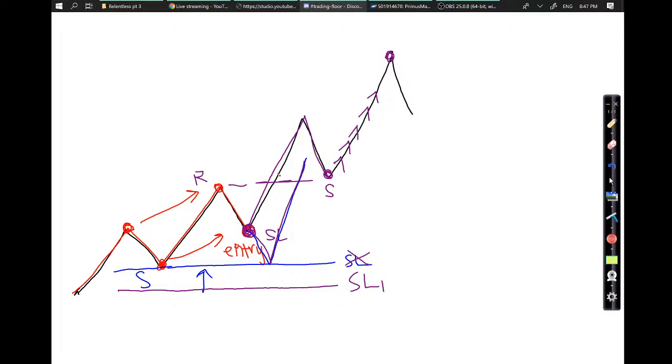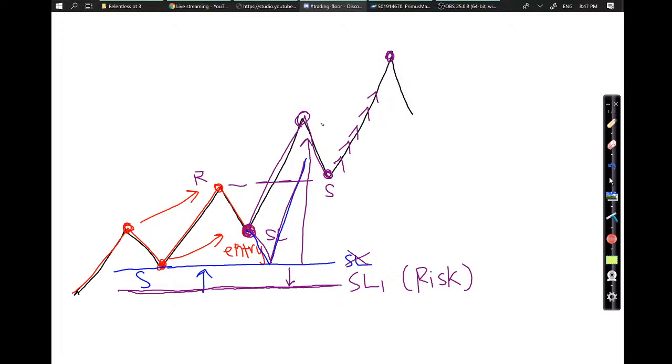But if you put it down here where nobody else is putting their stop loss and you take on a little more risk, because this is more risk than this, what happens? You now get a higher return.